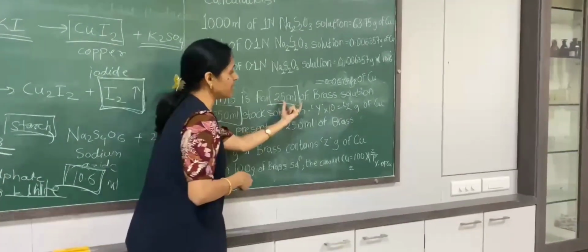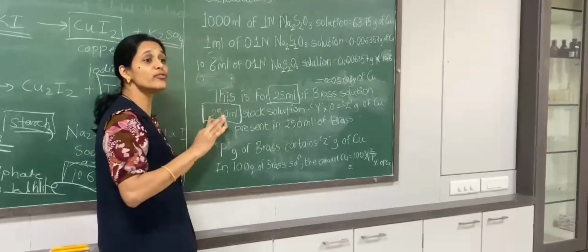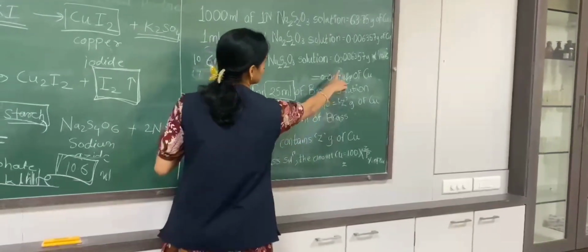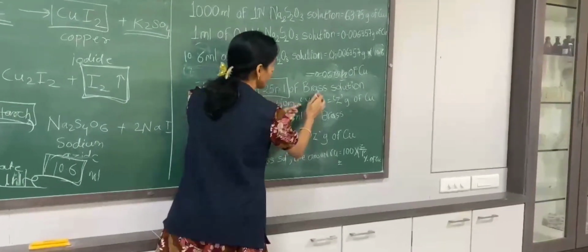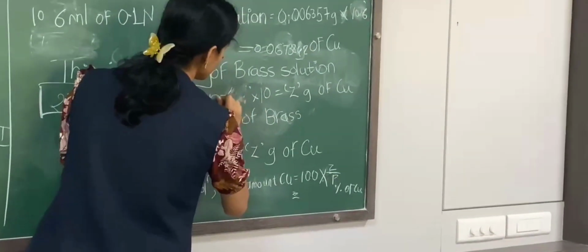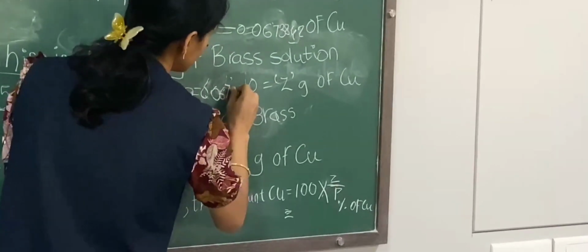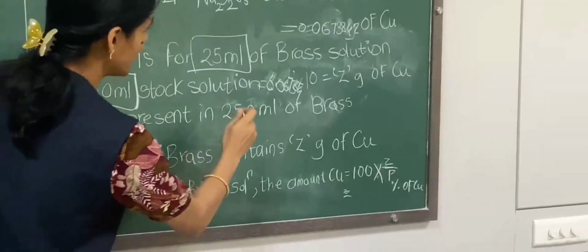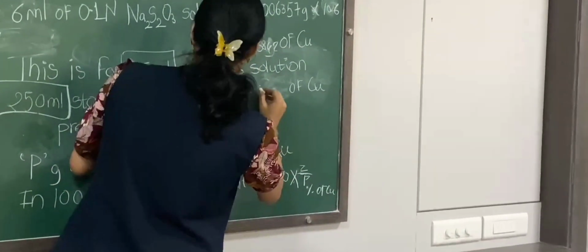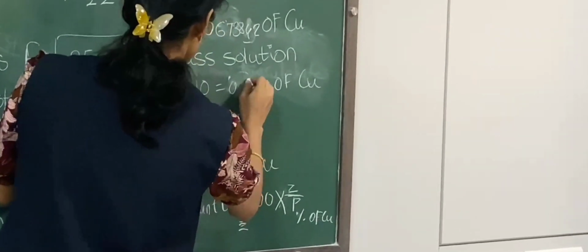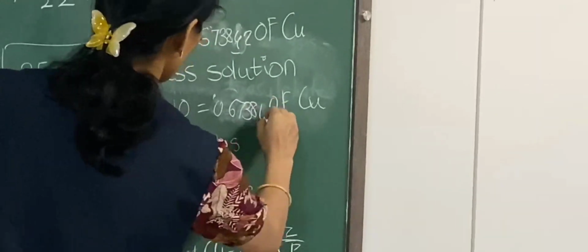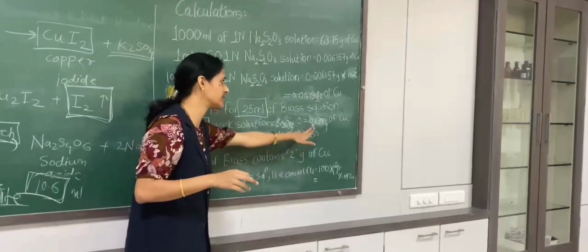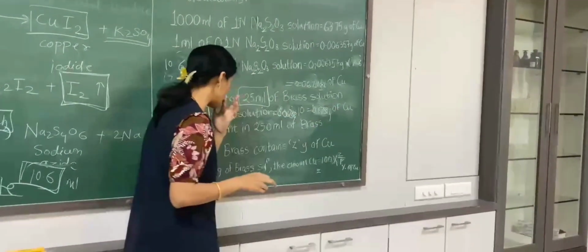So as 25 ml contains this value, 250 ml contains this value into 10. 0.067384 into 10 is 0.67384. So your 250 ml stock solution contains 0.67384 gram of copper.